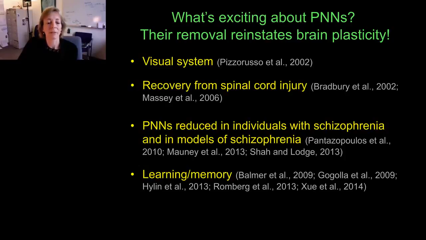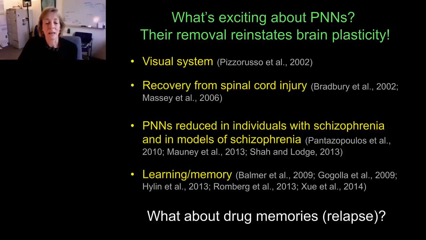I'd like to point out that they could not only promote certain types of learning, such as extinction learning, they may also prevent certain types of learning induced by other stimuli. And that's where our studies came into the picture with cocaine, because cocaine is a strong stimulus that induces its own learning and memory. So we asked the question, what about drug memories? And in particular, memories that we believe drive relapse behavior.